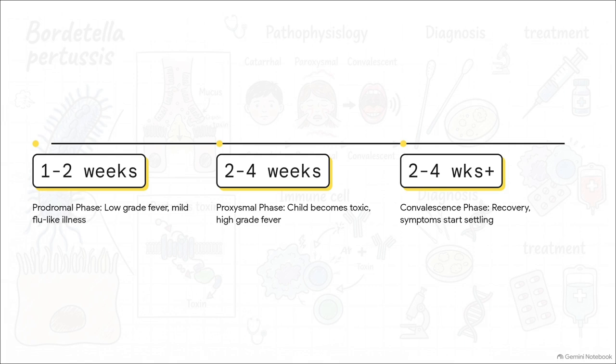This phase is sneaky, mostly because it just looks like a mild flu-like illness with a low-grade fever. Next comes the terrifying paroxysmal phase, which lasts 2 to 4 weeks. This is your classic whooping phase, where the child becomes acutely toxic and spikes a high-grade fever over 101 degrees Fahrenheit. Finally, if the patient pulls through, they enter the convalescence or recovery phase, which takes another 2 to 4 weeks as the fever and cough painstakingly start to settle down.